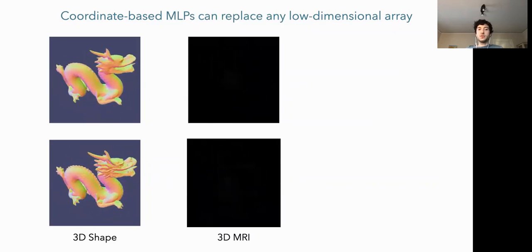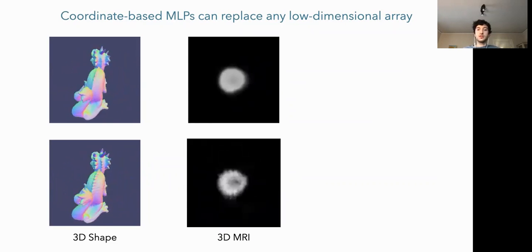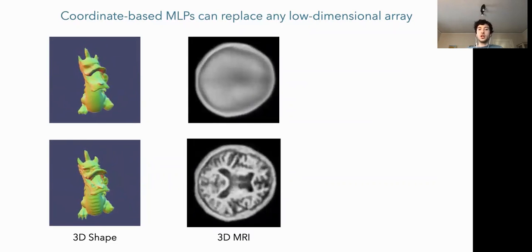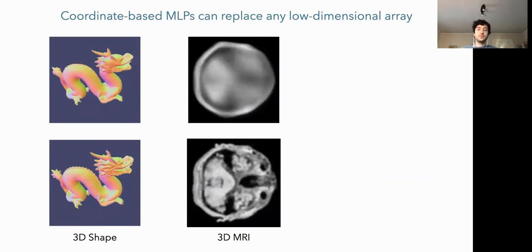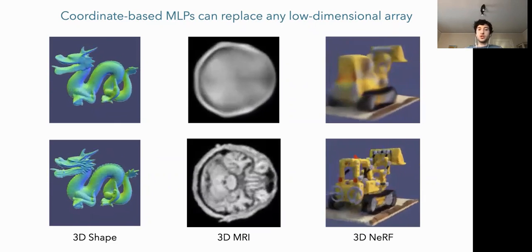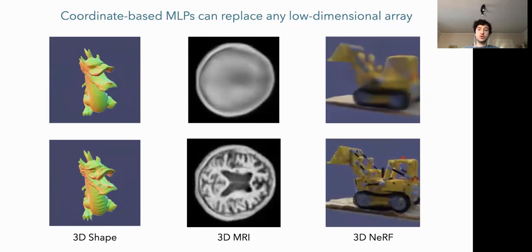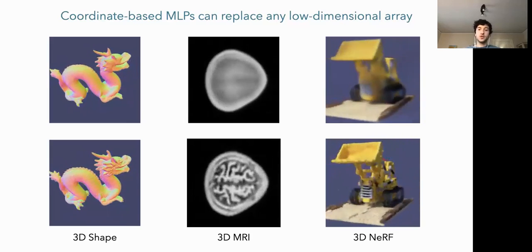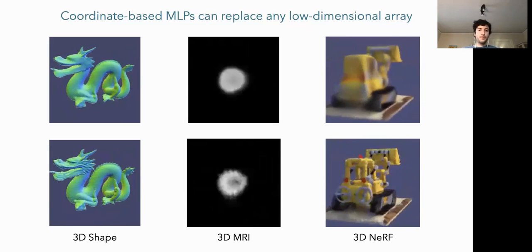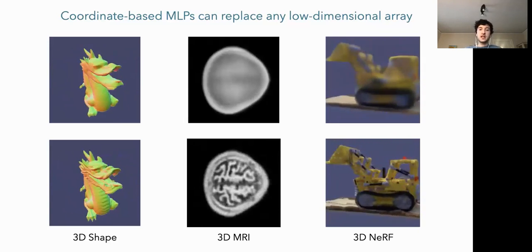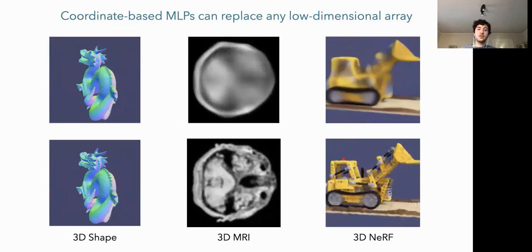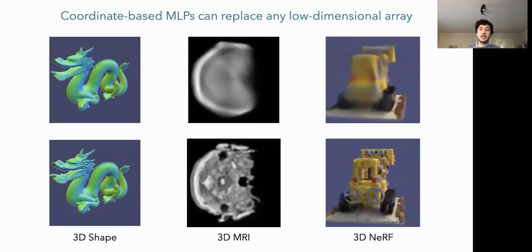And instead of supervising with ground truth 3D measurements, the network is indirectly supervised in the Fourier domain with MRI measurements. And in this final example, we train an MLP to represent a neural radiance field, or NeRF, which is a view synthesis method that I'll explain a little bit more later. In all of these cases, what we find is that the Fourier features allow you to represent much higher frequency details than just a naive MLP.